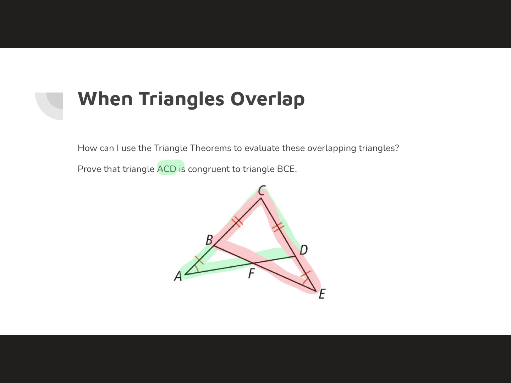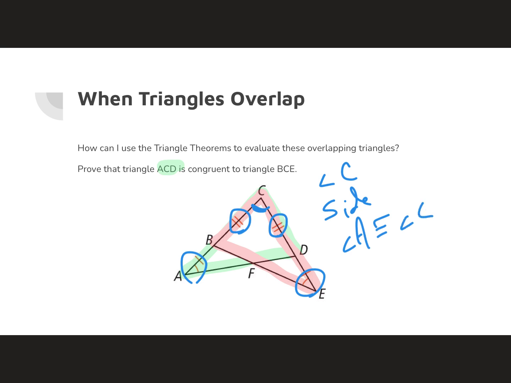I know that they must both have this angle. So I know that angle C is included in both of them. I also know that this side and this side are the same. So I have a side. And then I also know that this angle and this angle are the same. So angle A is congruent to angle E.